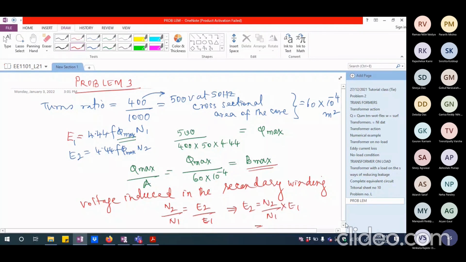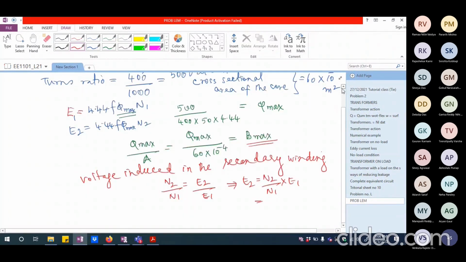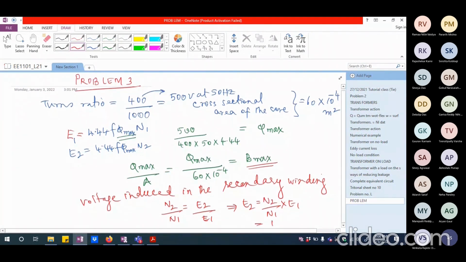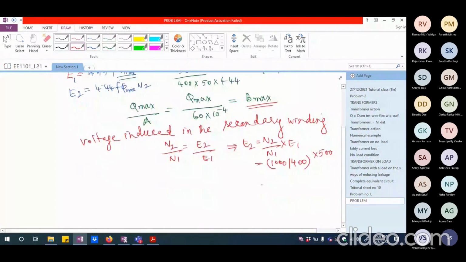So N2 by N1 is how much? 1000 divided by 400, multiplied by 500. Right? So that is going to be 1250 volts, because 5 by 4 is 1.25. So I'm going to have 1250 volts.